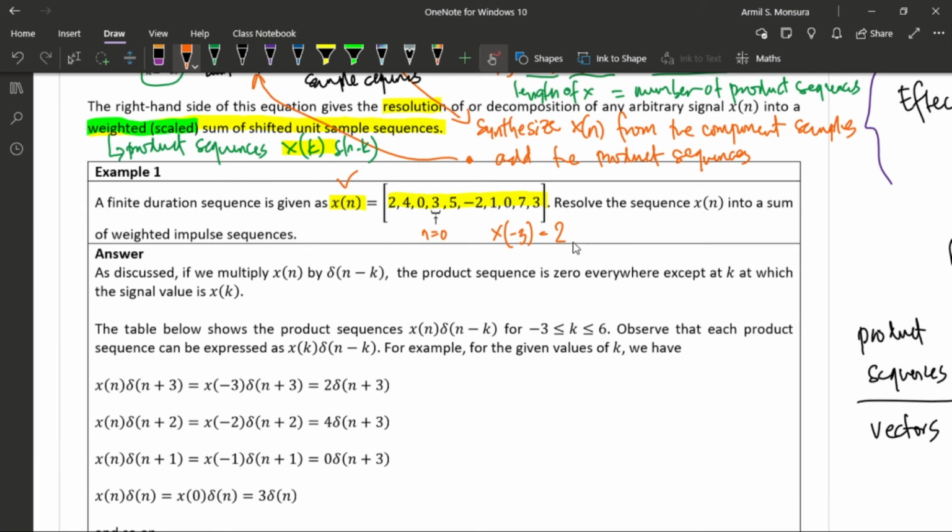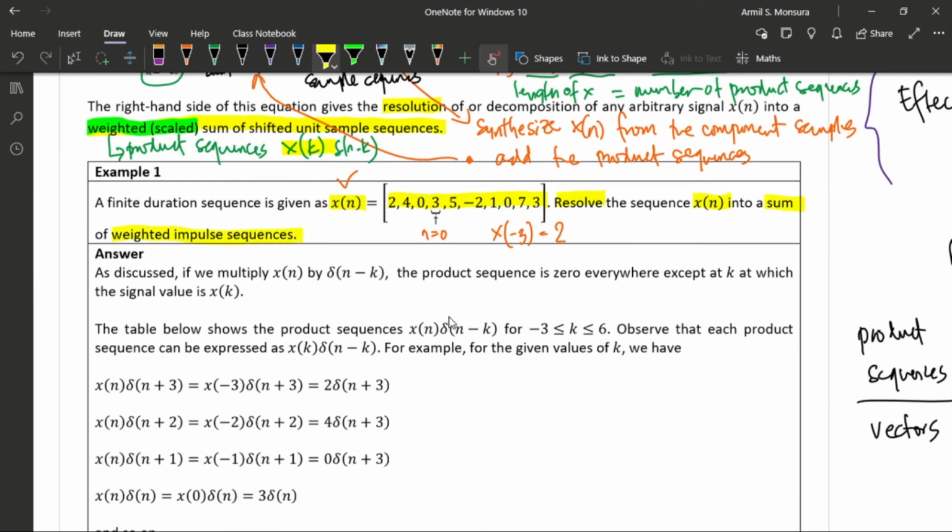Okay? So, from there, pagka alam na natin yung reference natin, mabe-breakdown na natin yung signal value natin at a certain time index. So, what we will do here is to resolve this sequence into a sum of weighted impulse sequences.